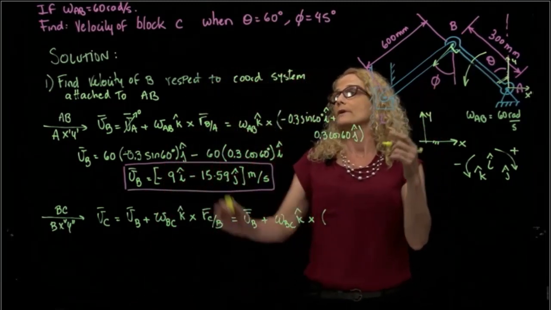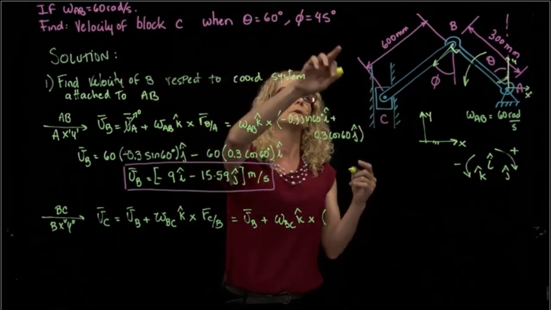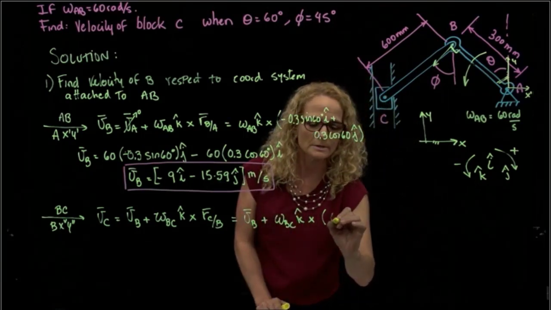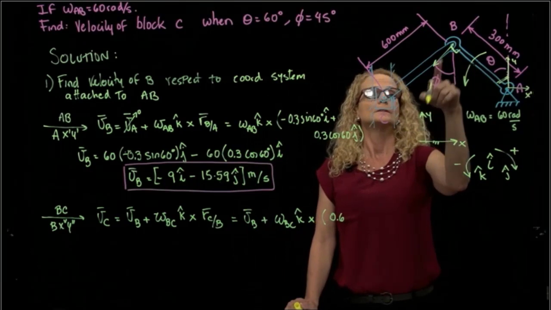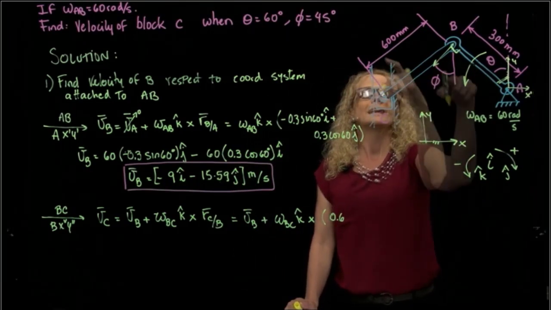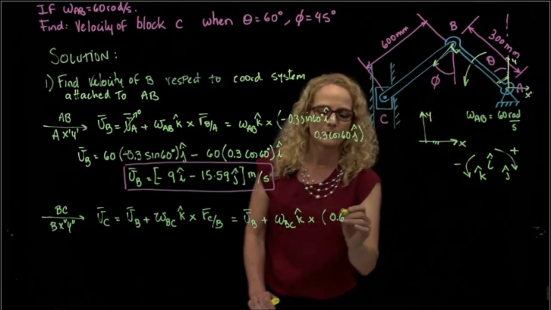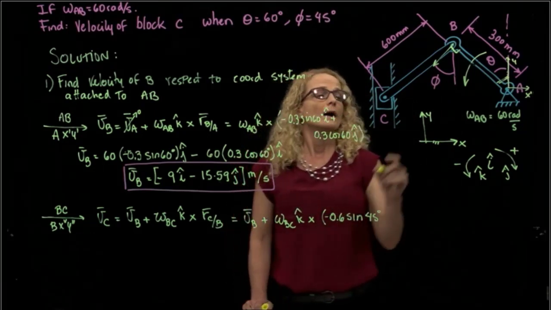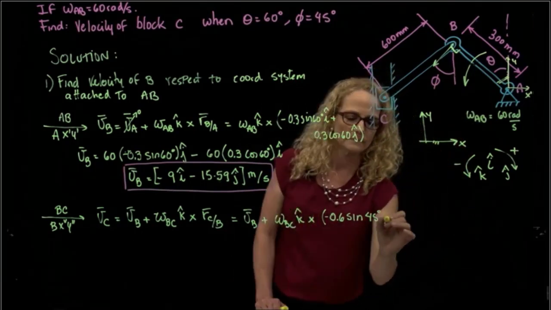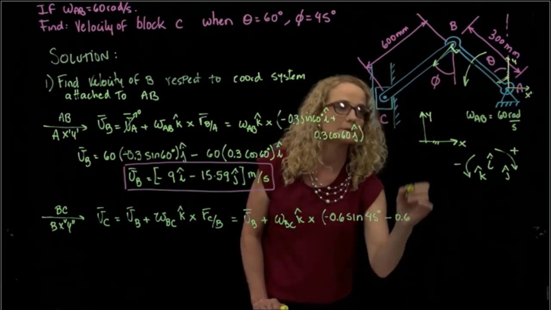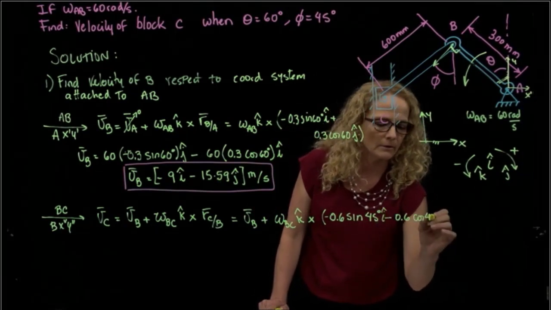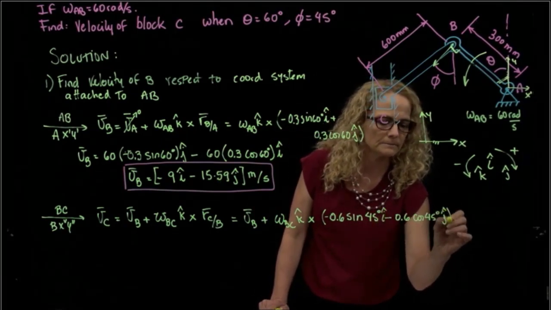We are being asked to find the velocity of block C when phi is 45 degrees, and we know this dimension 600, so that will be 0.6. So in I I have negative 0.6 times sine of 45, and in J it will also be negative 0.6 cosine of 45 degrees.